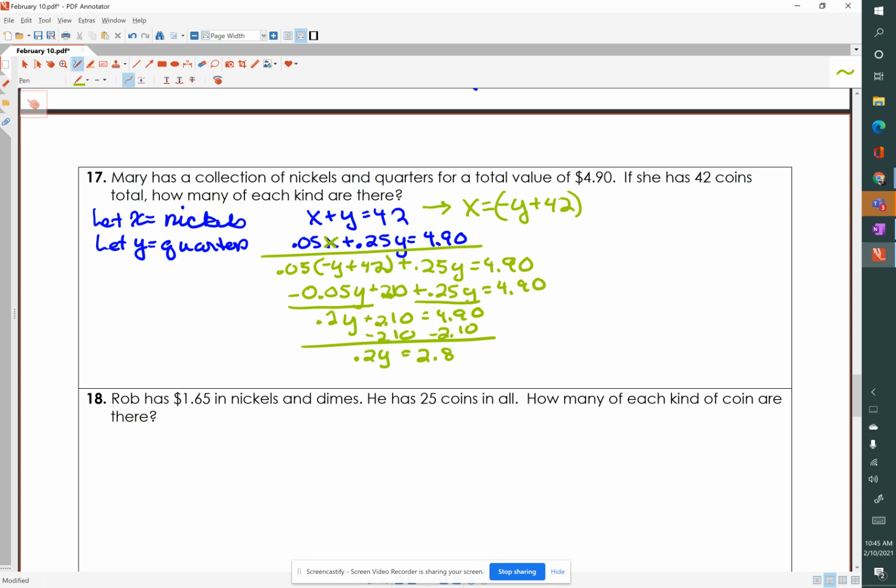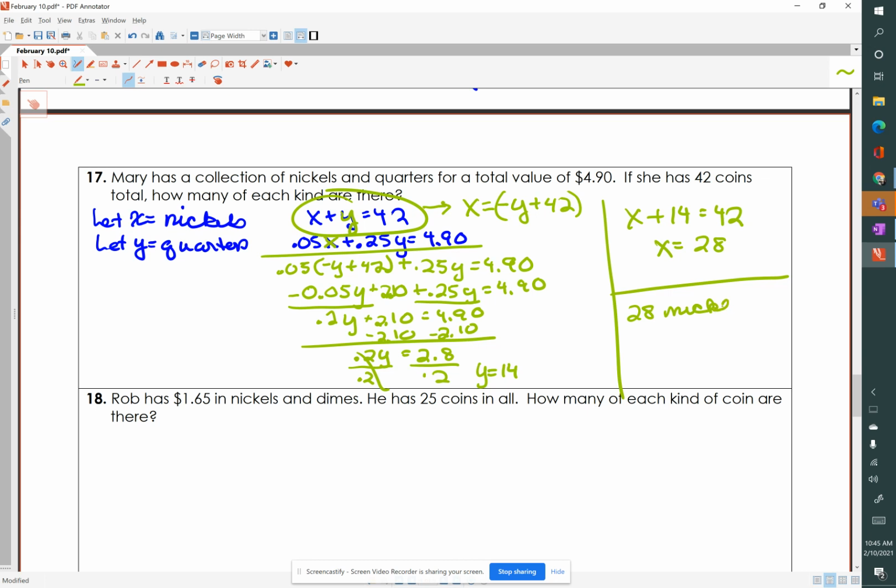Okay, so 0.2y equals 2.8, divide by 0.2, and y equals 14. Now, insert that for y in the first equation, and x equals 28. So we have 28 nickels, and we have 14 quarters.